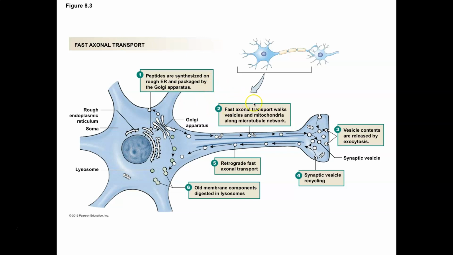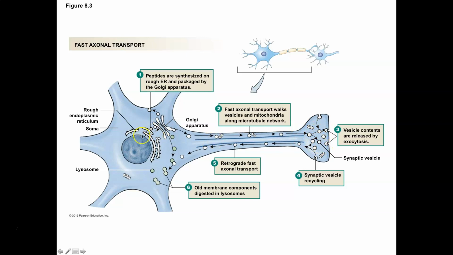This is actually looking at transport through a neuron. So production of, let's say, neurotransmitters using the Nissl bodies or the rough ER that's found in the soma, transporting vesicles over to a Golgi, and then we have axonal transport along the axon down to the axon terminal.